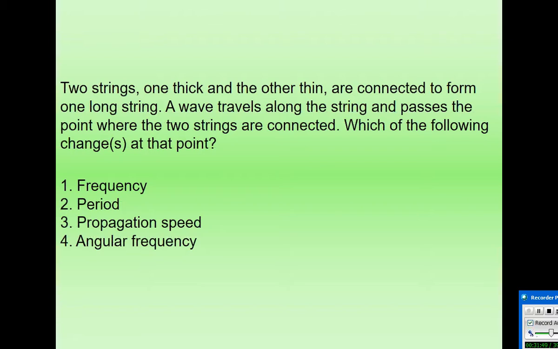Visualize this. Use your imagination. Which of the following do you think is going to change as the wave transitions from, say, the thick string to the thin string? Will the frequency of the oscillation change? Will the period change? Will the propagation speed change? Will the angular frequency change?